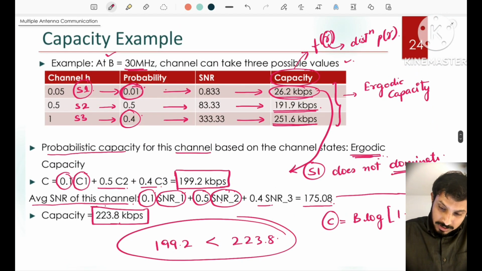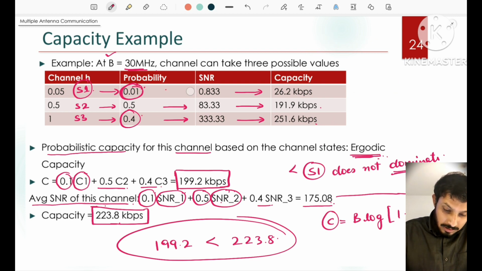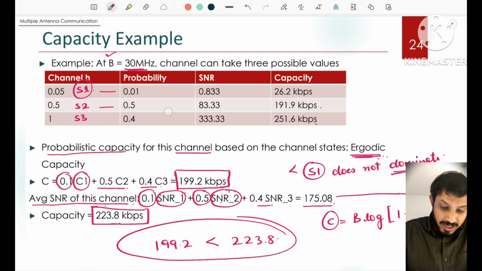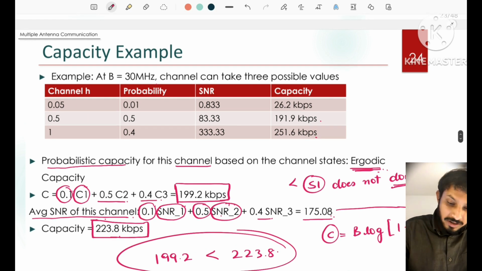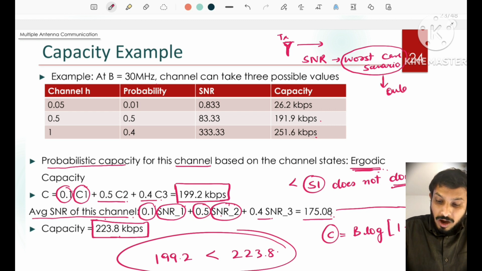What it means is, let's go back to this example. Capacity with outage means we know that the transmitter does not have any information about the CSI. So when the transmitter does not have any information about the CSI, the possible thing is the transmitter will set the SNR to the worst case scenario to ensure that our system does not go into outage.